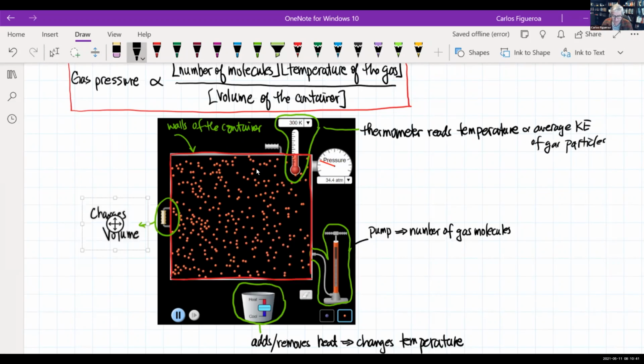And so how we measure pressure now is going to be by this pressure gauge, and that's going to tell us. Now, we could measure this pressure in atmospheres, or we could measure it in pascals.